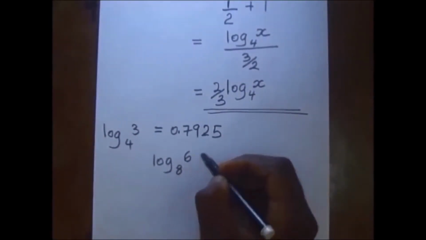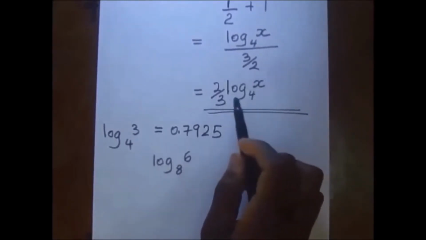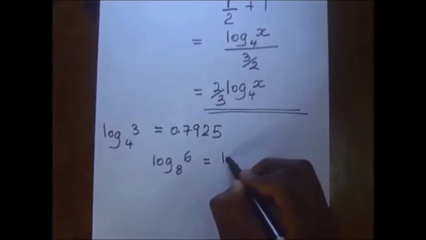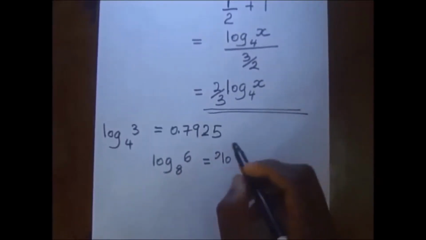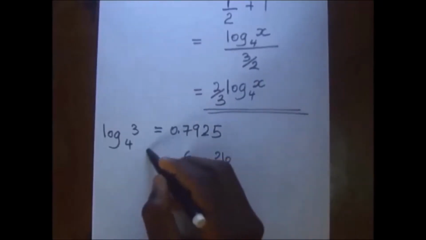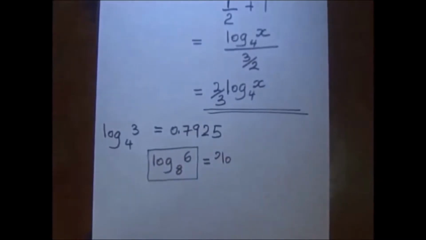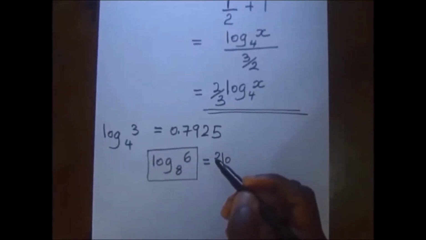Now log of 6 base 8, according to our earlier proof, is simply going to be 2/3. First of all, before we get here, they want us to find log of 8 base 6, and we are supposed to find that deriving from our previous calculation.